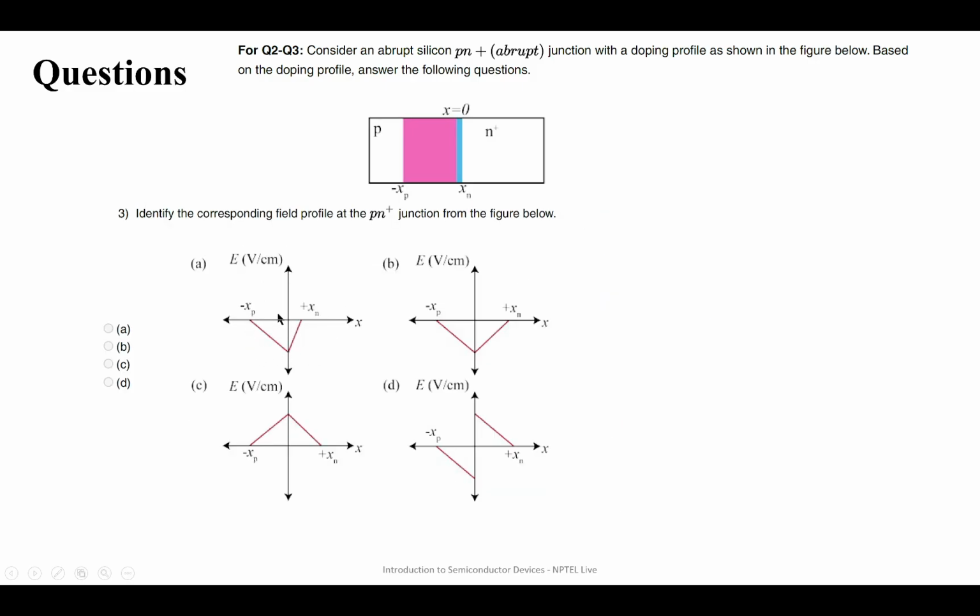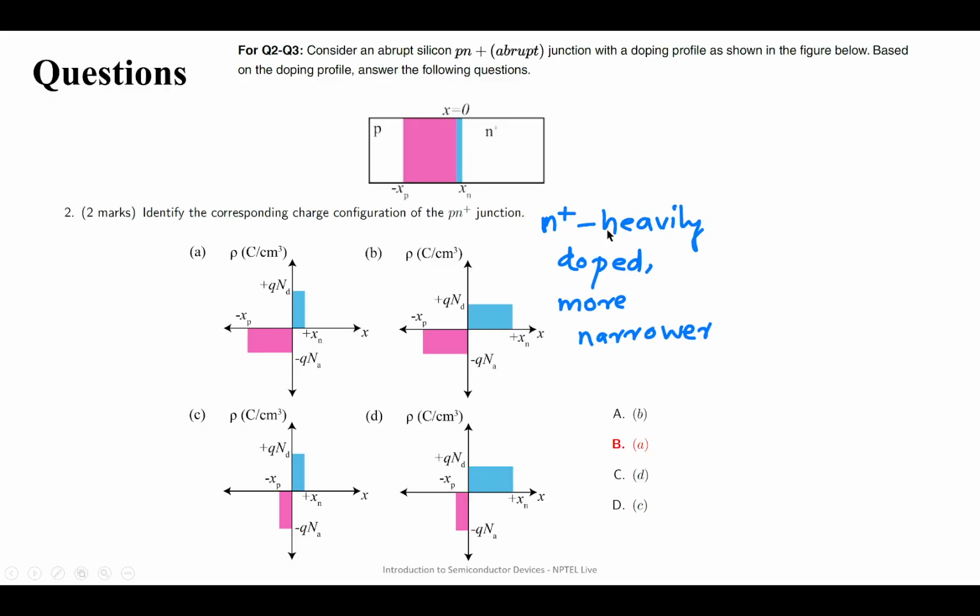So we know the formula that electric field is the integration of charge by epsilon Si. Your charge is here from minus xp to 0, charge is minus qNa.